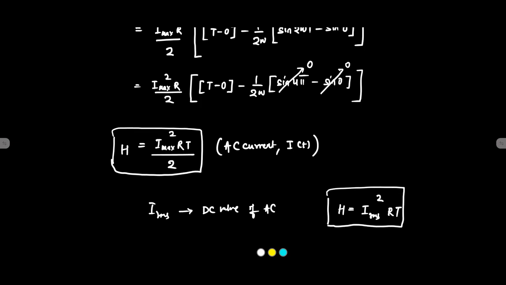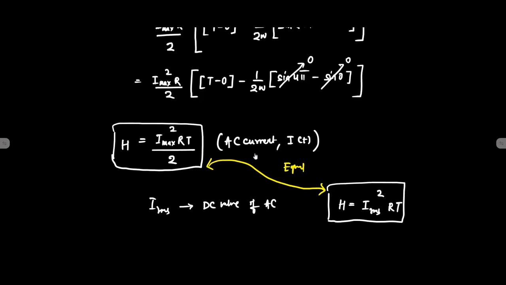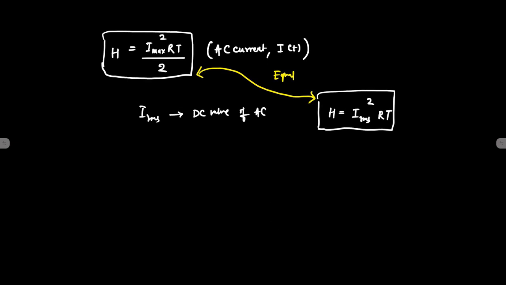According to the definition of RMS value, this and this should be equal. That implies I RMS square R T is equal to I max square R T by 2.